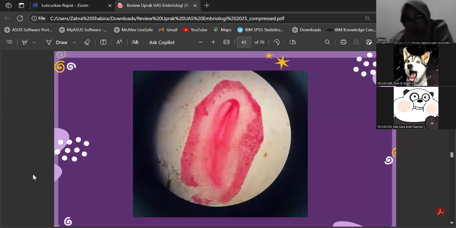Now change again. This stage is 22 hour. Because if you are fast to see and identify, you find there is a pair of squares over here named somite. Now in 22 hour, how many pairs of somite?